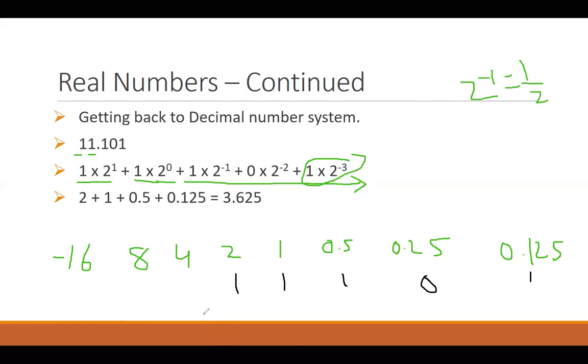Most of you are following this direct method of conversion from binary to decimal, so this is how that method plays out with the fractions. I hope that it refreshes your memory a little bit.